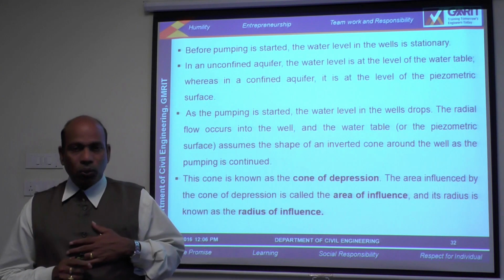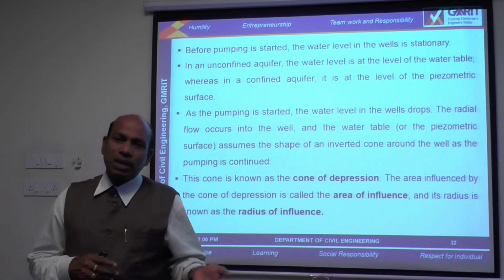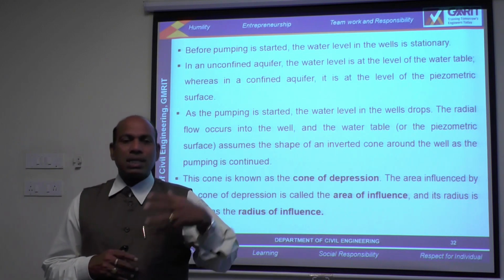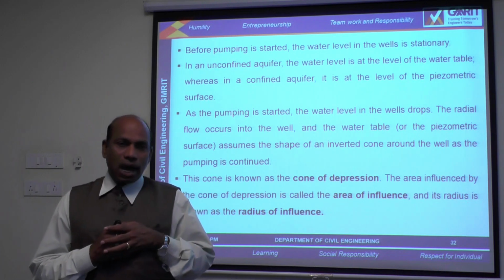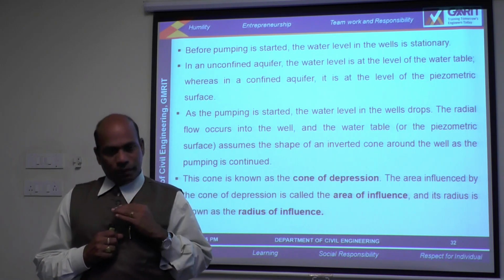Before deriving the formula for the extraction of water from the confined aquifer or the unconfined aquifer, we are going to learn some definitions. Before pumping is started, the water level in the well is stationary.